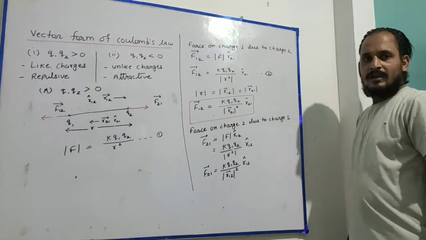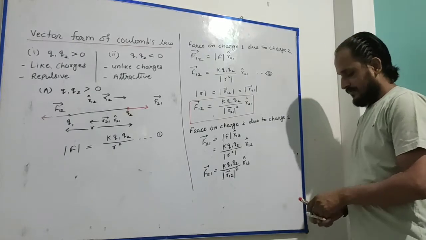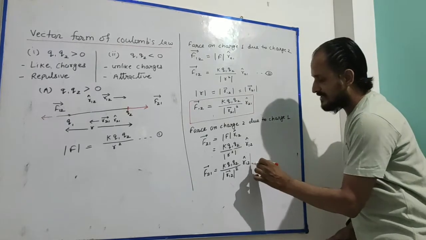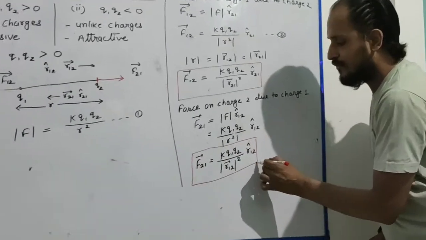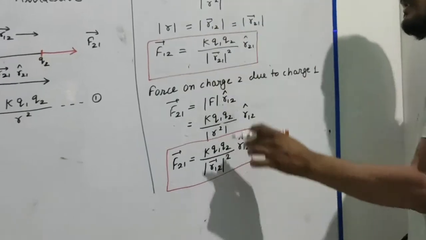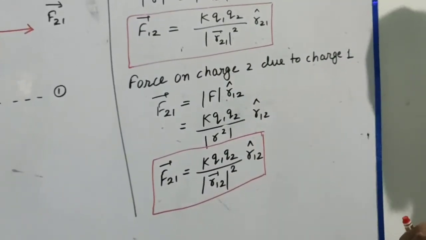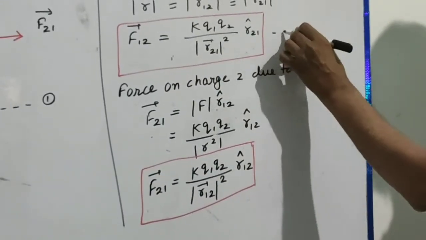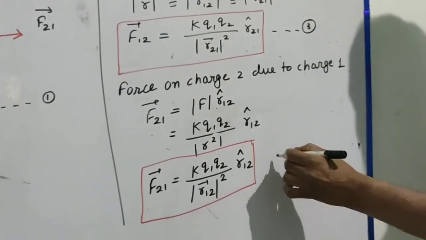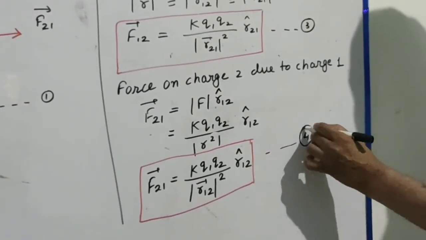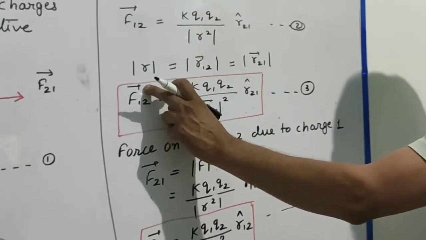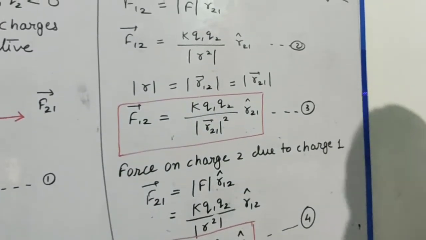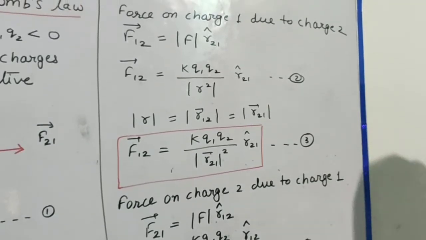Okay? Now we have expressed both the forces in terms of vectors, but if we want to find the relation between both the forces, this is equation number 3, this is equation number 4. If we want to find the relation between F12 vector and F21 vector, how can we find it?